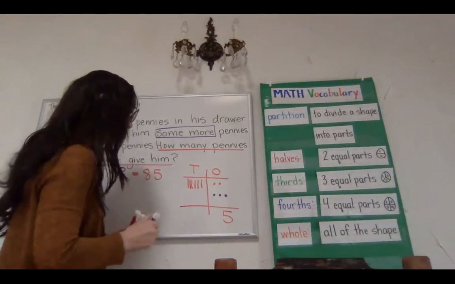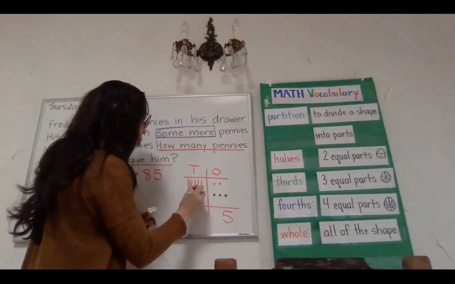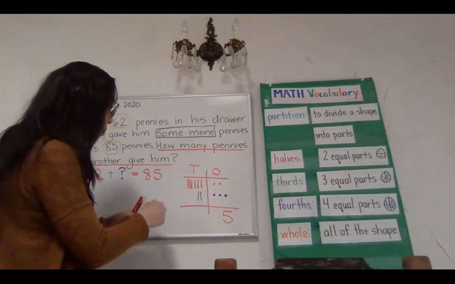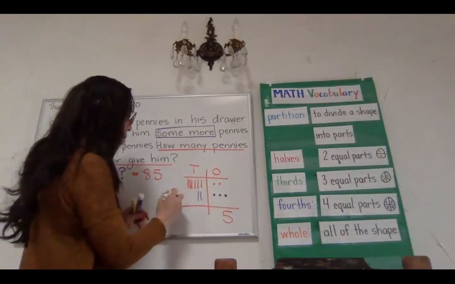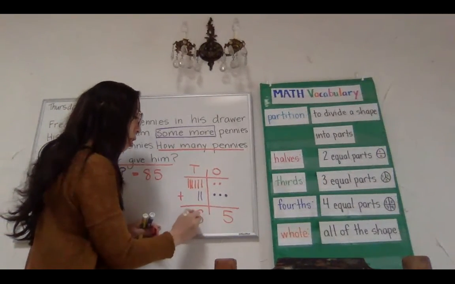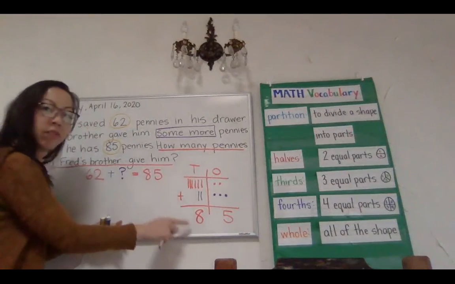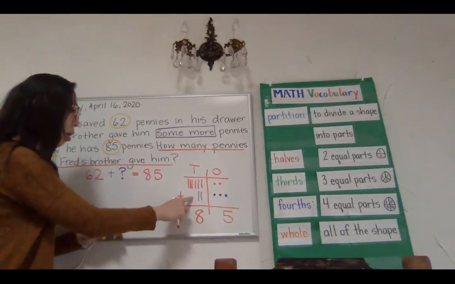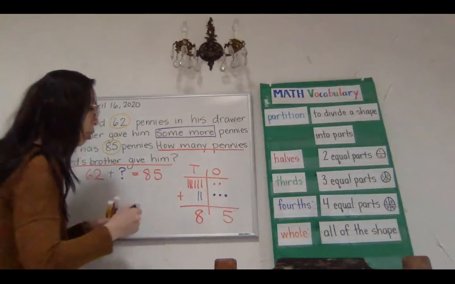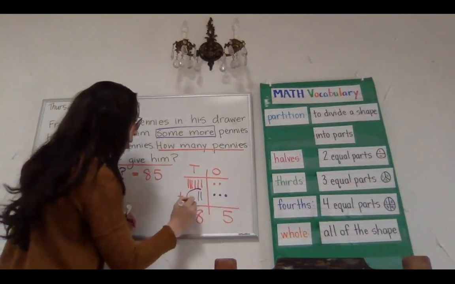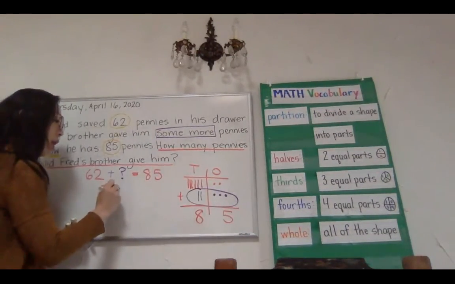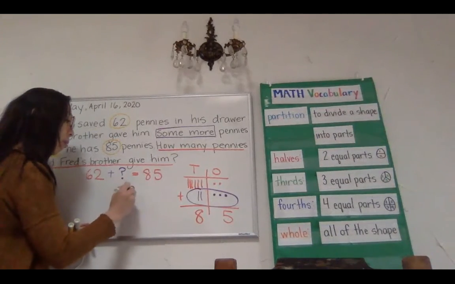So I'm going to add 2 more, because 6 plus 2 equals 8. So the sum was 85, so those two match up. But now we're solving for our question mark, and we got 23. 2 tens and 3 ones is 23. So I'm going to write that over here, and that's what I'm boxing up.